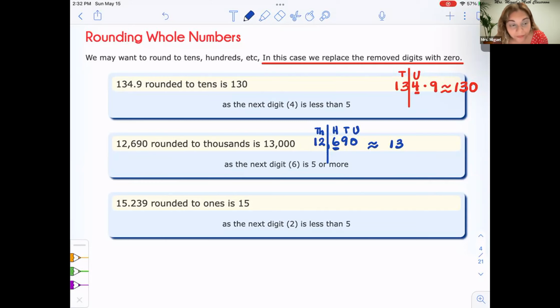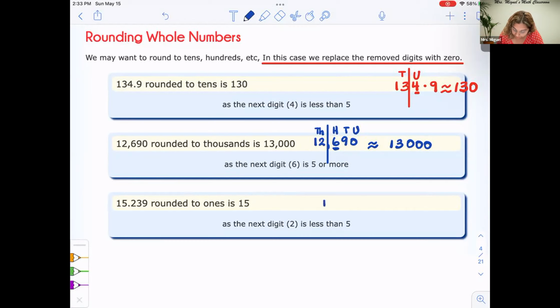If you give me $12,690 and I say here's what, $13 is equivalent to that, that doesn't make any sense. So the number must be as close to the answer as possible. I have 1, 2, 3 digits here, so therefore I put 1, 2, 3 zeros. From our knowledge, because we all can count money, 12,690 is approximately 13,000.